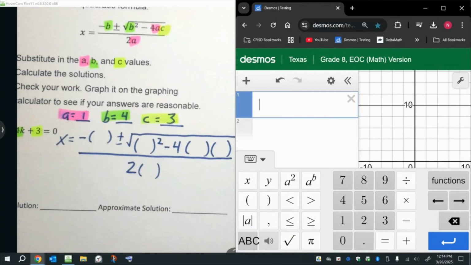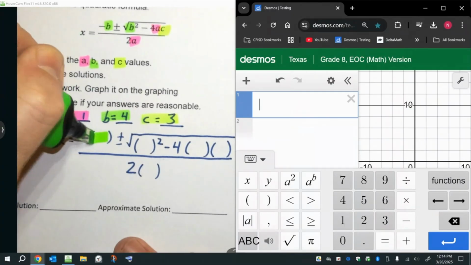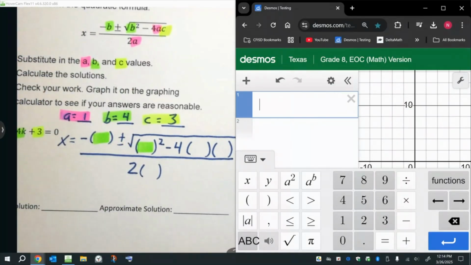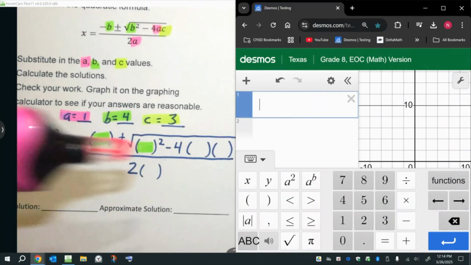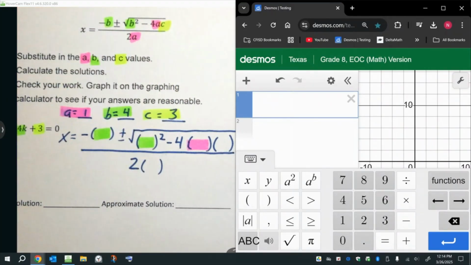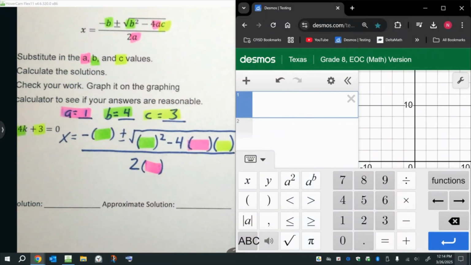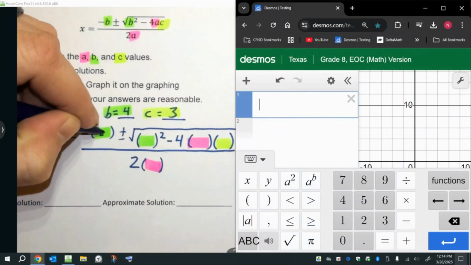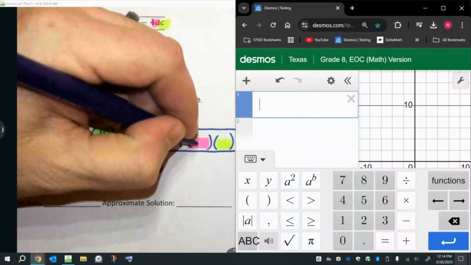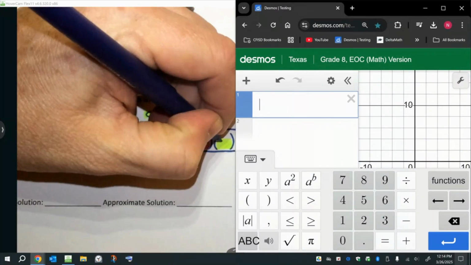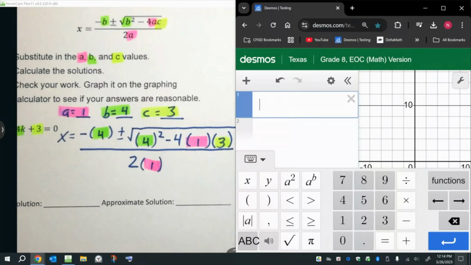So if you remember, negative B, B squared, A, C, and A. So plug my numbers in. I've got 4 that goes here, 4 that goes here, 1 that goes here, 1 goes down there, and don't forget about the weirdo, 3.